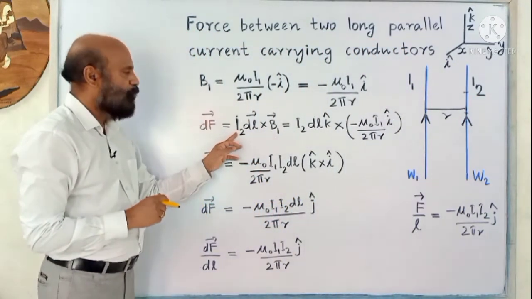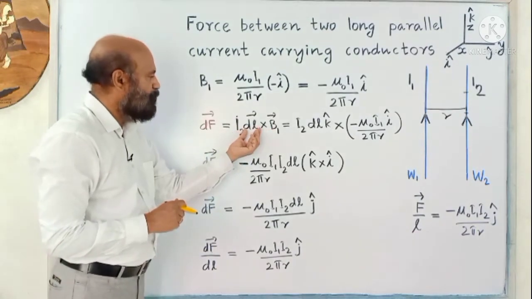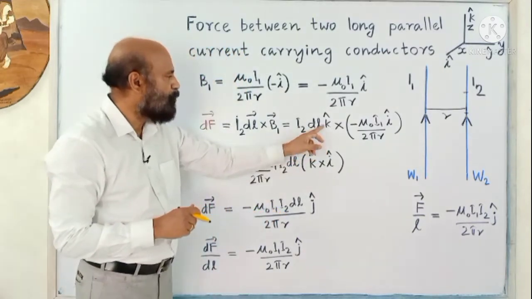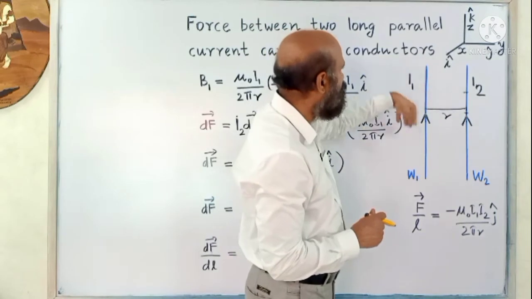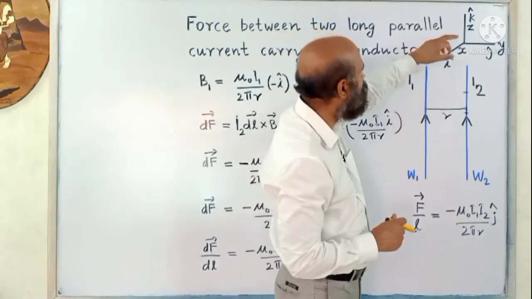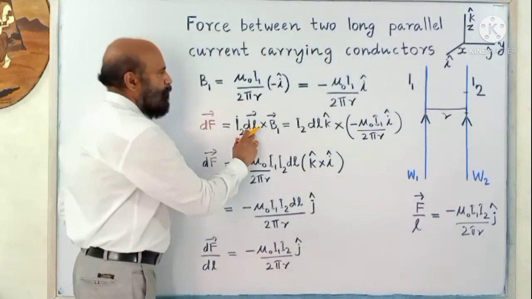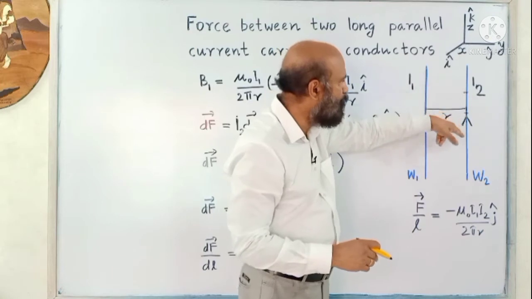Now I2 dl vector cross B1. Now dl vector can be written as dl into k cap because the current is in the upward direction. So the unit vector along the z-axis is k. So for dl vector, here we have to consider this conductor.